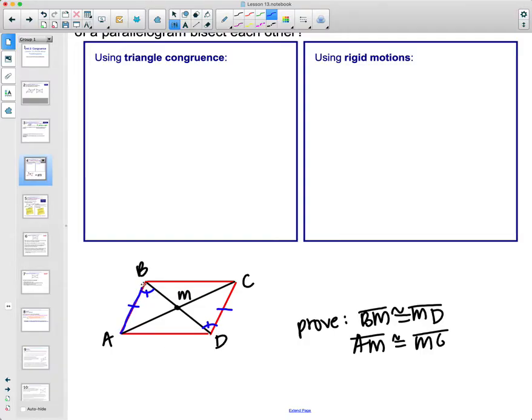If you think about drawing that Z on there, you see those alternate interior angles. And then you could do either vertical angles, or another set of alternate interior angles. So we also have this set of alternate interior angles.